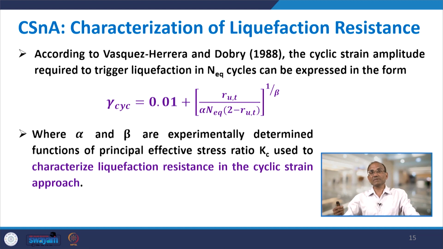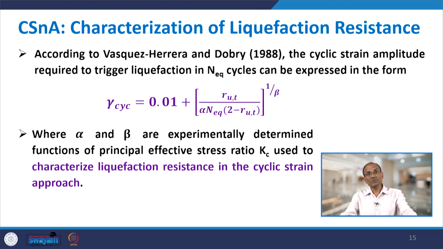Ru,t is basically the excess pore water pressure ratio at any time t, and NEQ is the number of equivalent cycles of loading that will depend on your magnitude of earthquake, which we have already discussed in detail.